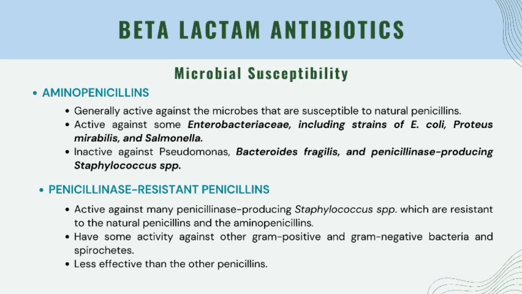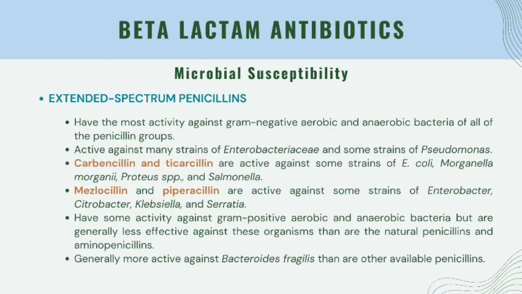They have some activity against other gram-positive and gram-negative bacteria and spirochetes, and they are less effective than the other penicillins. Lastly, the extended-spectrum penicillins have the most activity against gram-negative aerobic and anaerobic bacteria of all of the penicillin groups. They are active against many strains of Enterobacteriaceae and some strains of Pseudomonas.